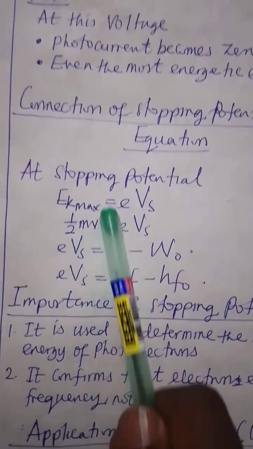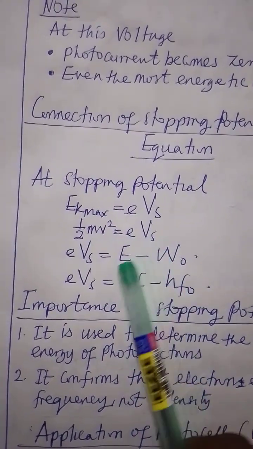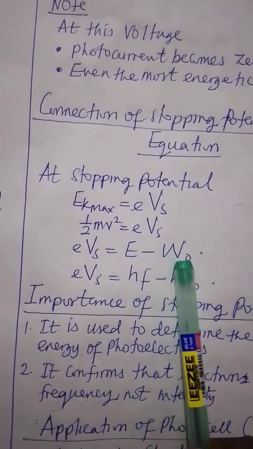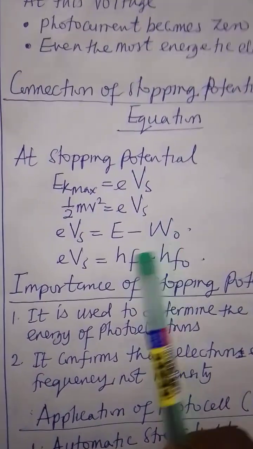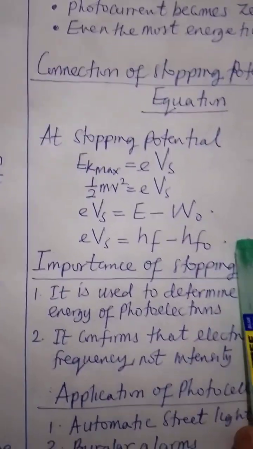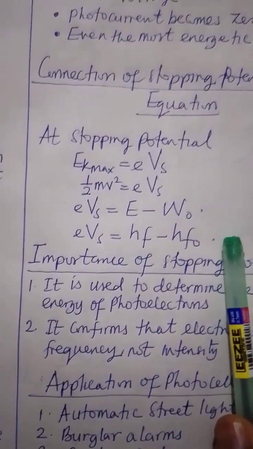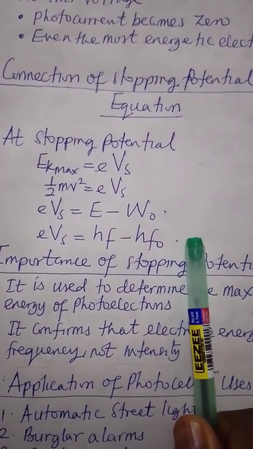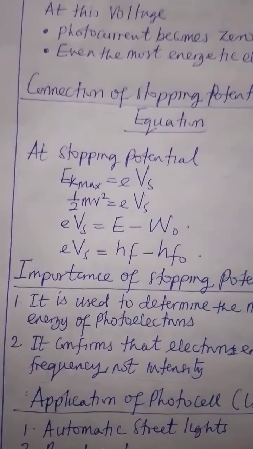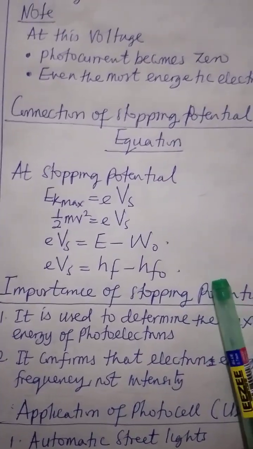So half mv squared is eVs. Don't forget half mv squared is E minus W naught. So eVs is hf minus hf naught. We need to commit this formula to memory. We have taken a whole lot of formulas, so take your time to commit these formulas to memory.